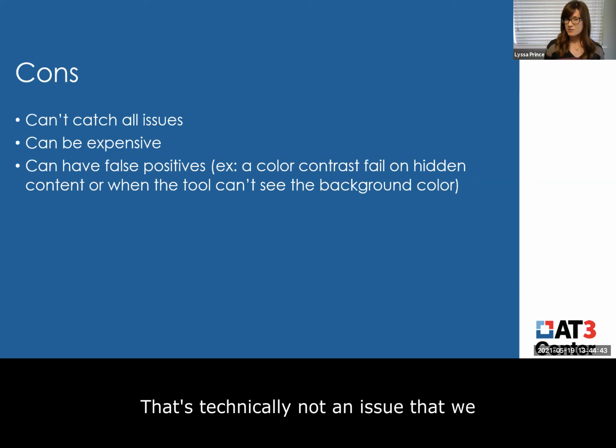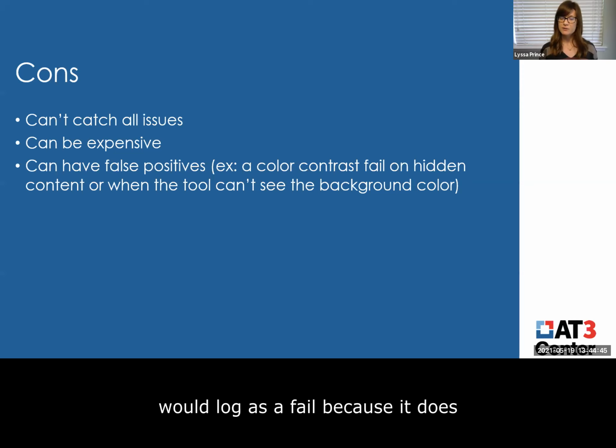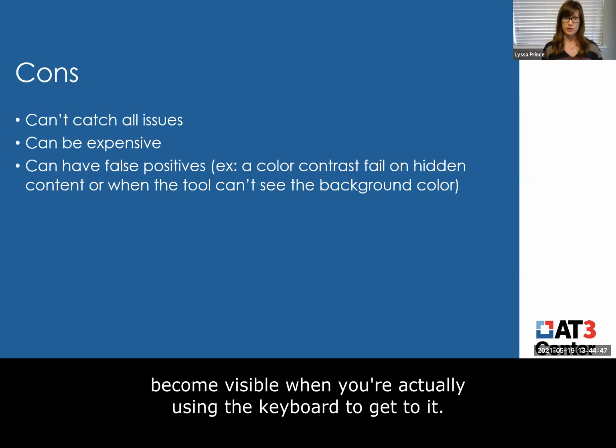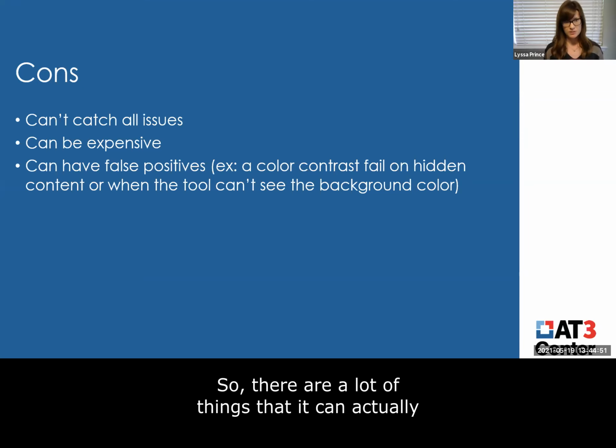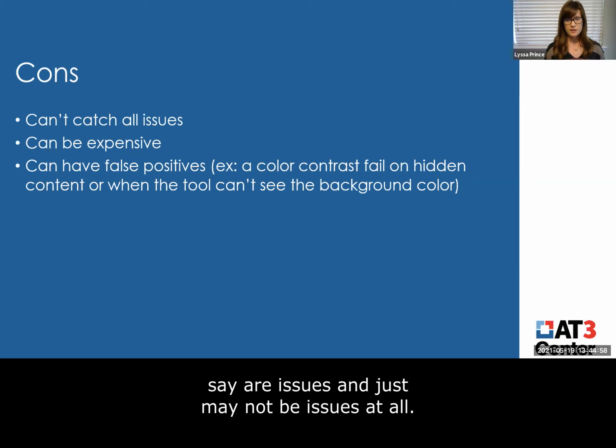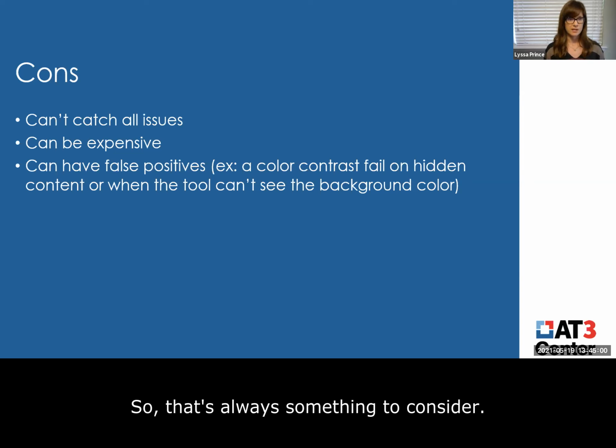That's technically not an issue that we would log as a fail because it does become visible when you're using the keyboard to get to it. But that tool doesn't know that. So there are a lot of things that it can say are issues and just may not be issues at all. So that's always something to consider.